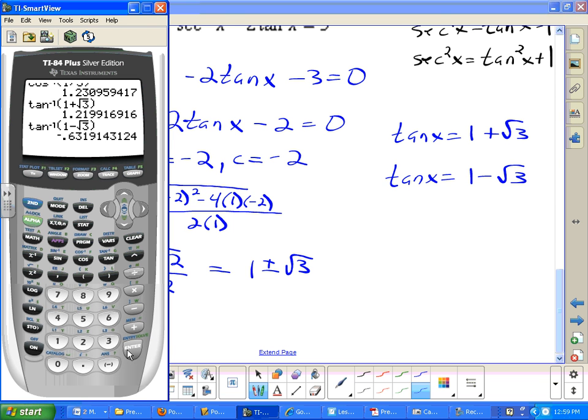Which quadrants? 1 and 3, right? Okay. Tangent of x equals 1 minus the square root of 3. Is that a positive or a negative number? Negative, right? Because square root of 3 is approximately 1.73. Okay. So that means we're talking about when tangent's negative, which is in the second and the fourth.